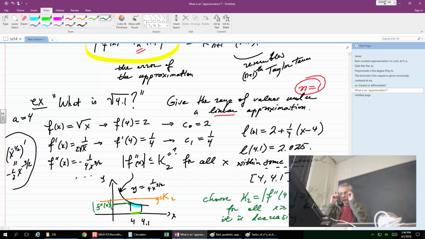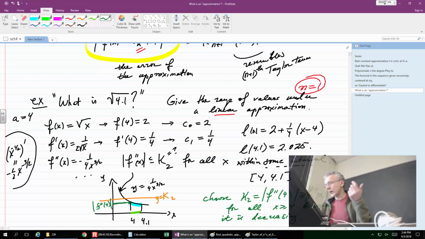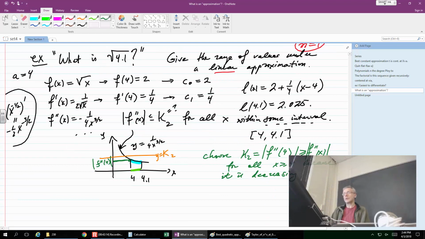That's the kind of analysis that if you have a function decreasing or increasing, then for an estimate, you pick the value on the left end of the interval or the right end of the interval. It's going to do the trick. In general, if it behaves up and down, then it might be more complicated. But this one is decreasing, so we just pick that number.